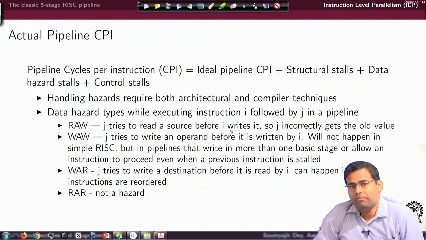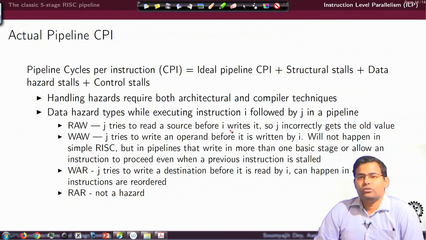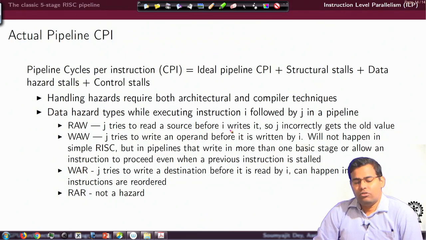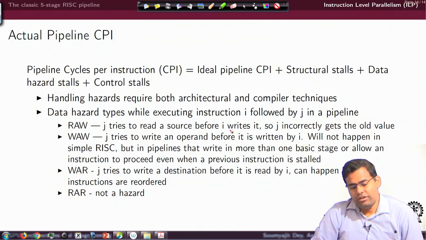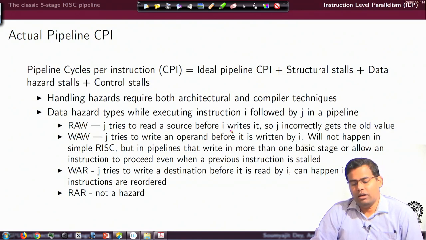Otherwise, j will incorrectly read the old value. This is something we have discussed earlier also. This is a hazard known as read after write hazard. Unless I put a stall in the execution of instruction j, it is going to read the older value of the source instead of the updated value of the source register.